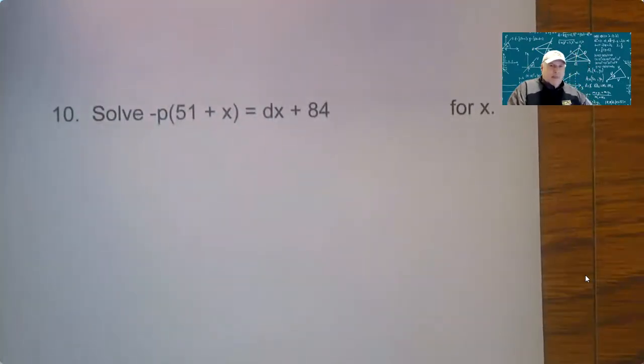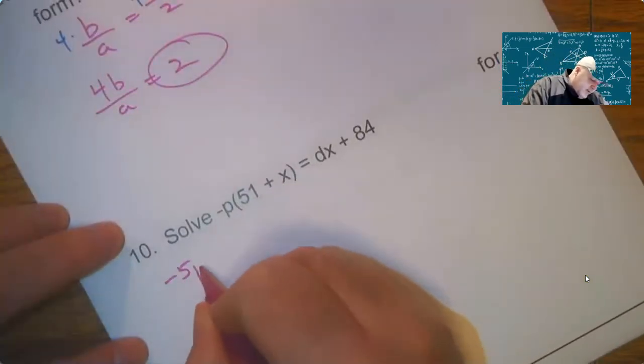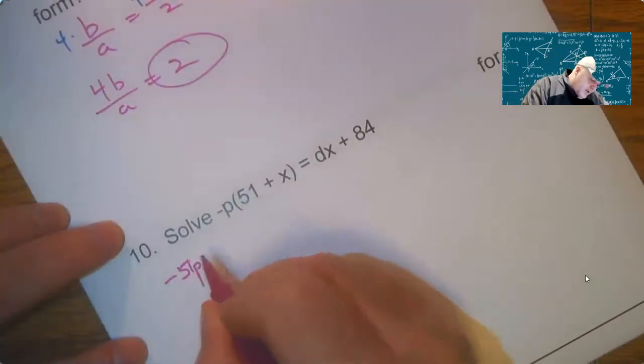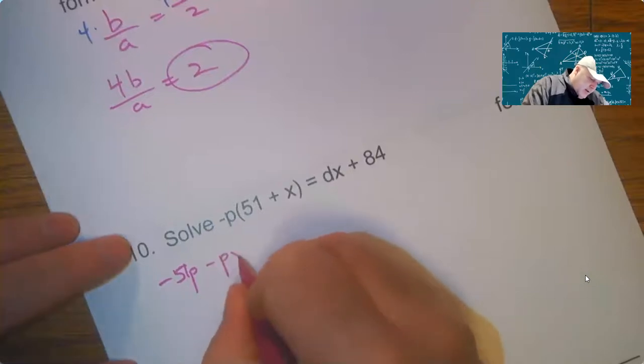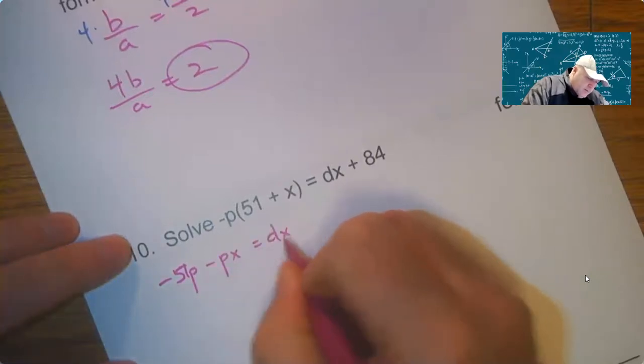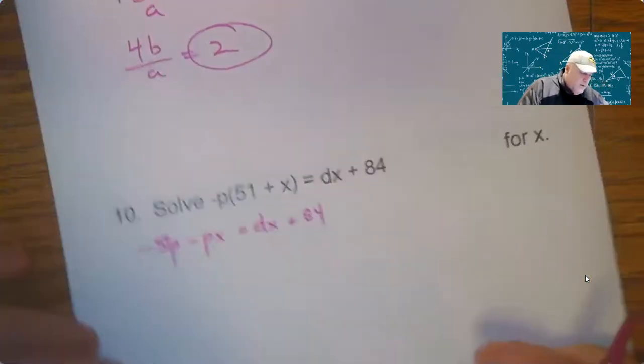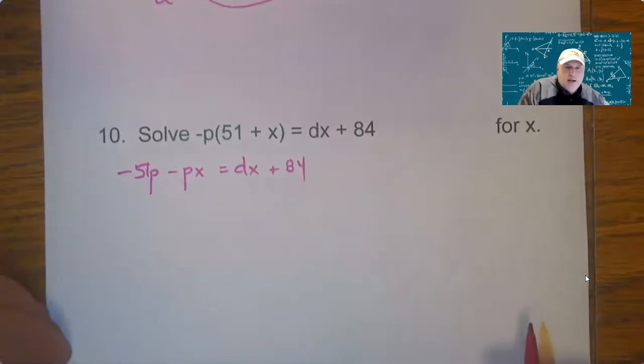Problem 10. This is a bit of work, but this is really designed to test if you're paying attention on the list of steps. So multiply the negative p through.